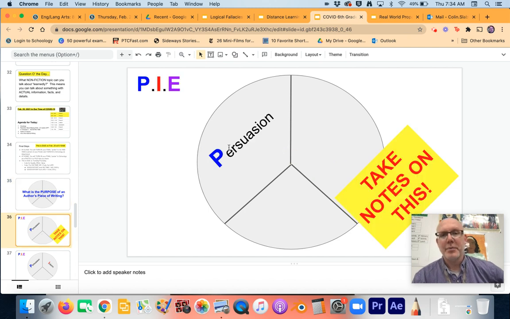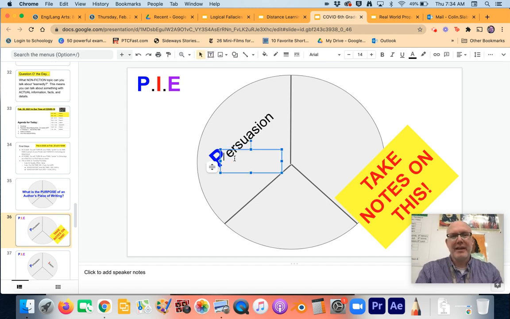The first one you're going to write down is persuasion, okay? Write down persuasion. In this particular thing, I want you to write probably this idea that persuasion is getting someone to believe or trust that they should do what you suggest. Okay?